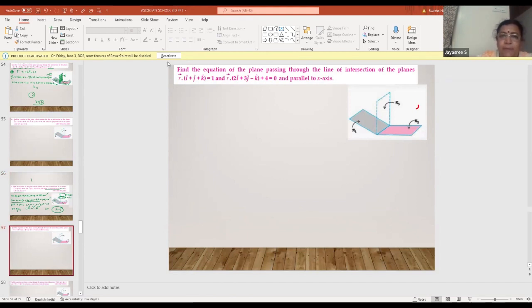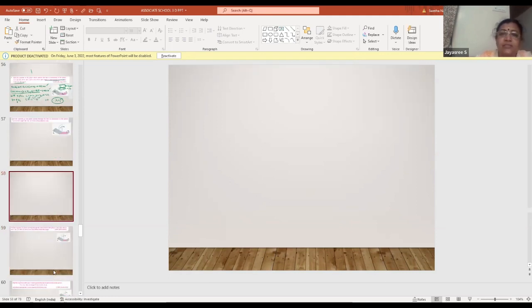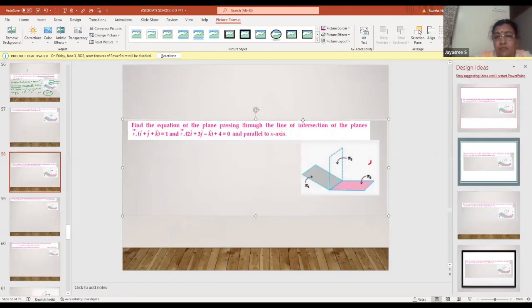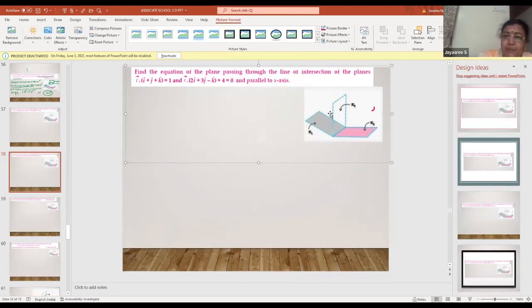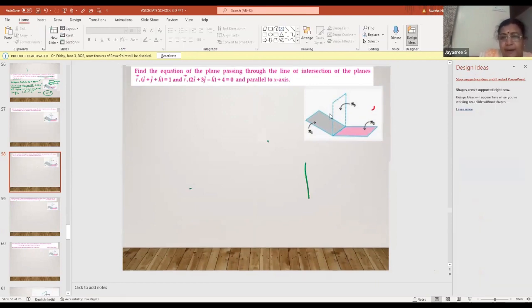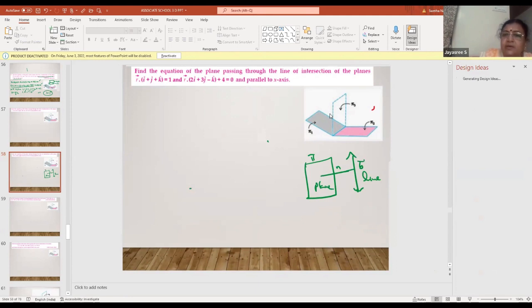First is the passing through the point concept, next is perpendicular to the plane. The next concept is the plane π that we are finding is parallel to the line. So the π plane is parallel to the line; the concept is the n vector is perpendicular to the b vector. So the n vector is perpendicular to the b vector, we group the terms.